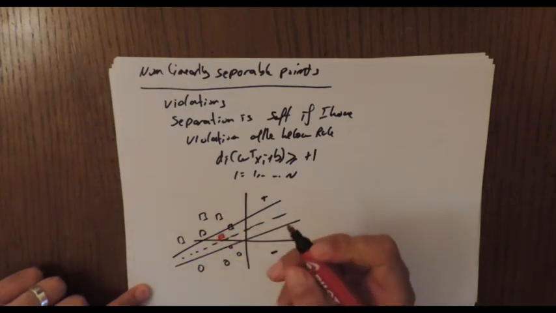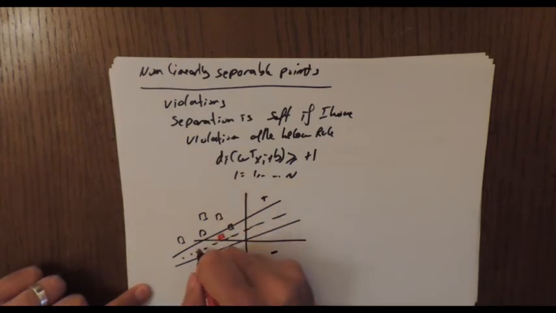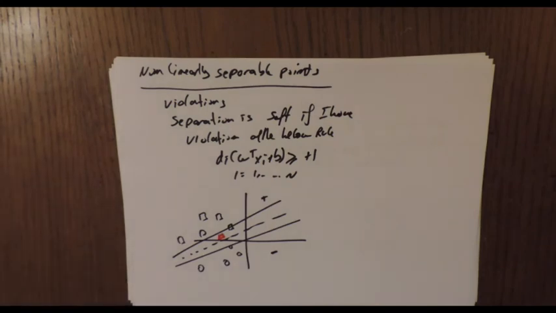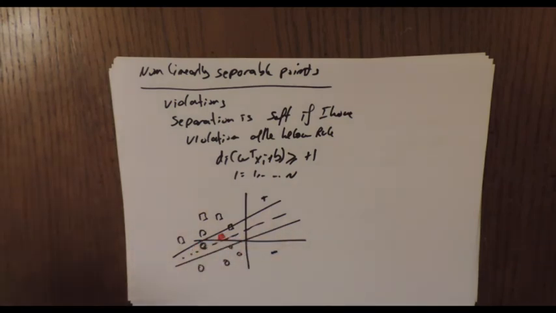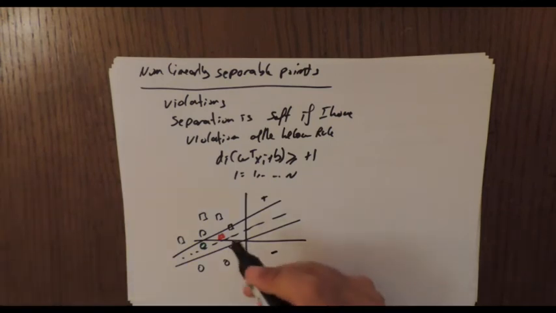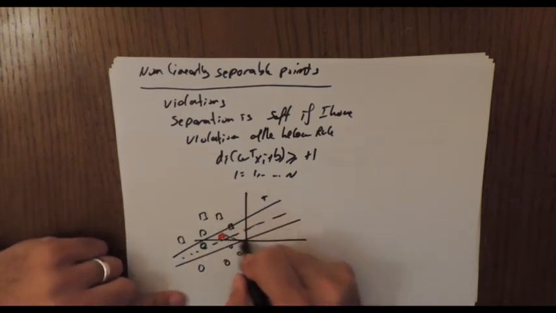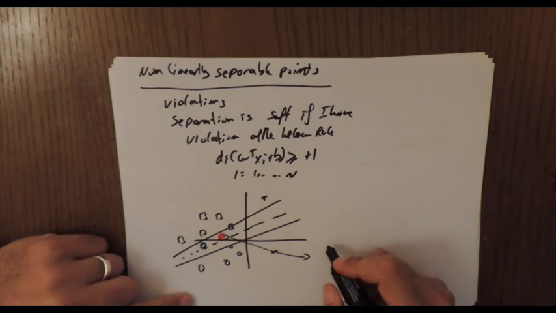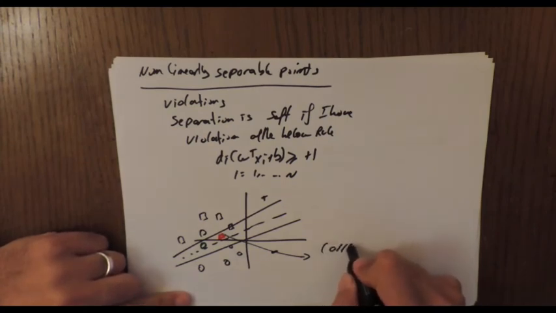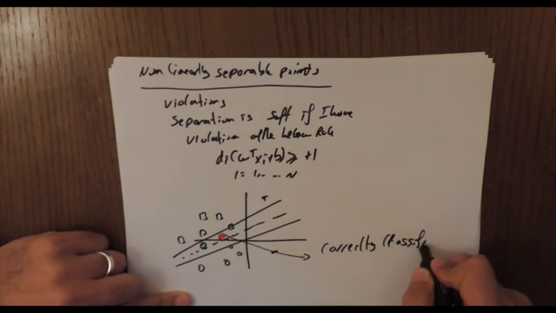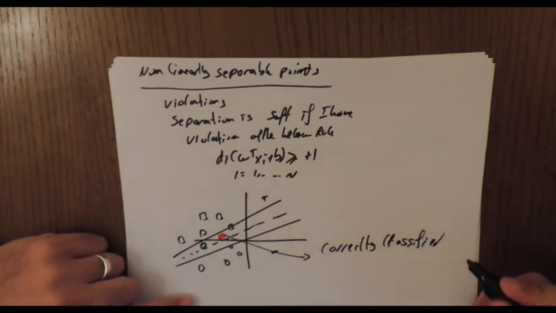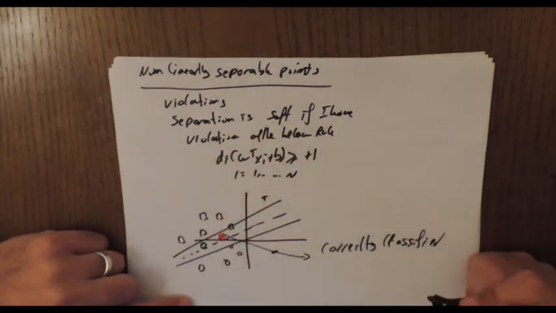Okay, or even a point, let me write in a different color, a point here. This point here is correctly classified, however it's not above the line.